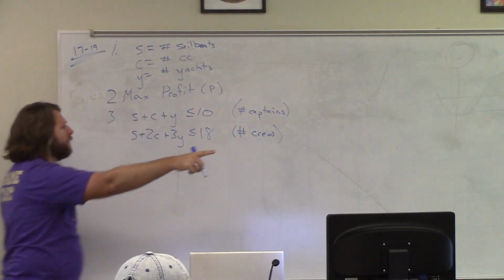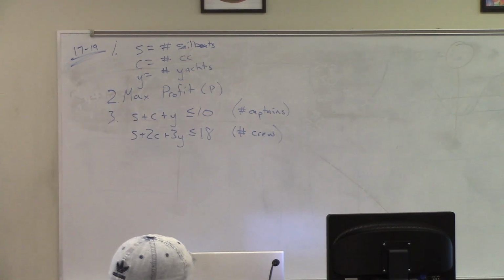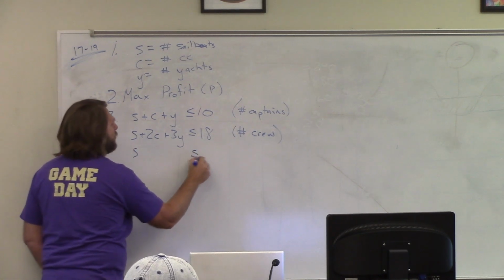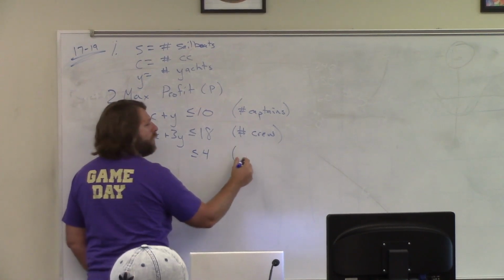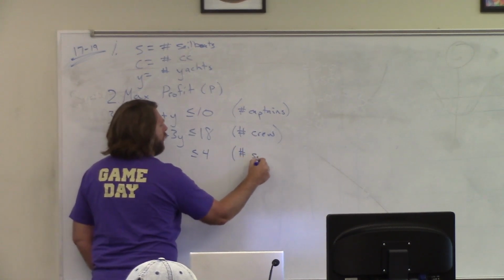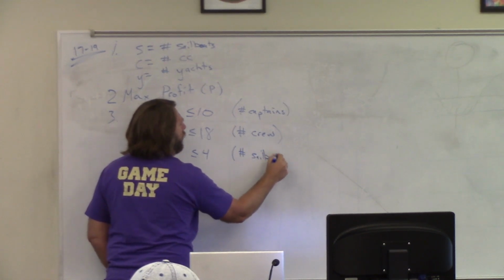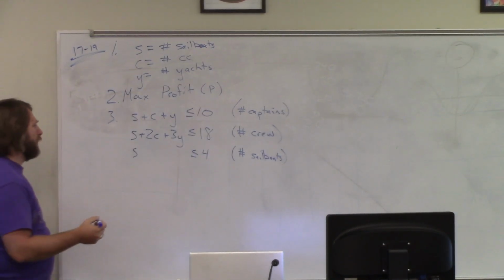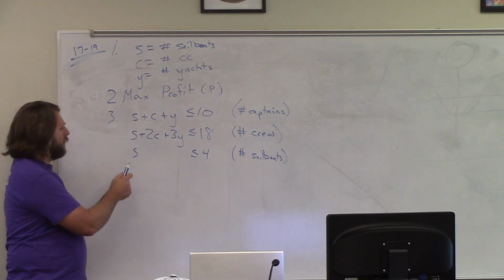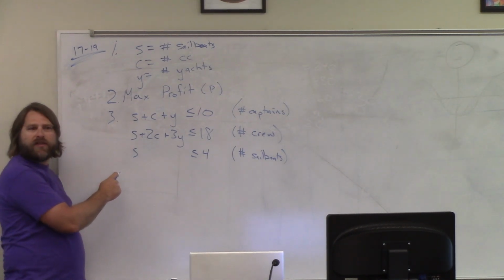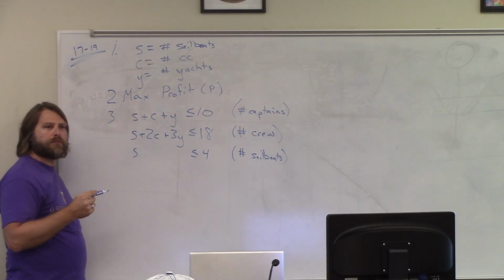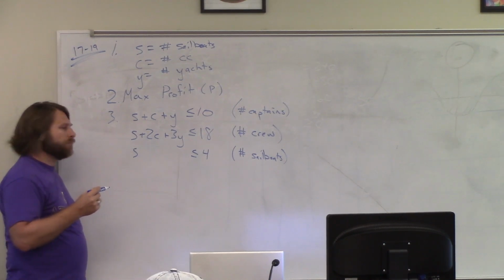How about over here? Can you give me a third constraint? S has to be less than or equal to 4. What does that represent? There have to be 4 or fewer sailboats. Right, that's what we have. That's a physical constraint. We can't coordinate more boats than we actually have in our yard. What's another constraint? C is less than or equal to 8.